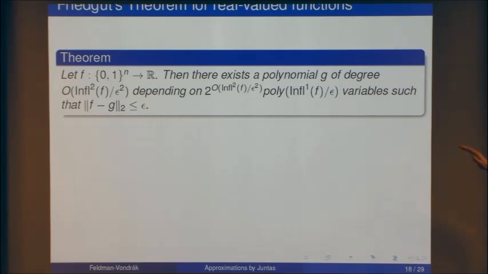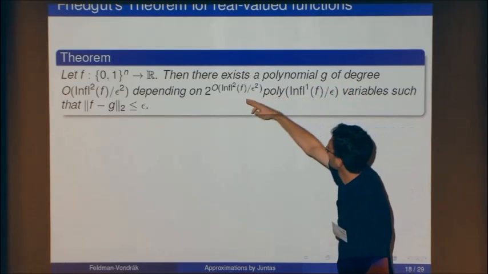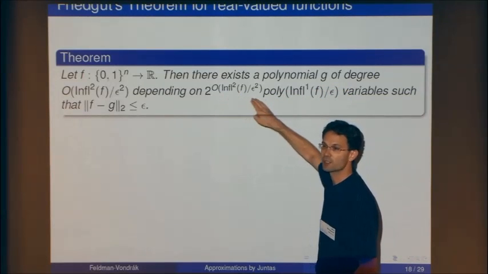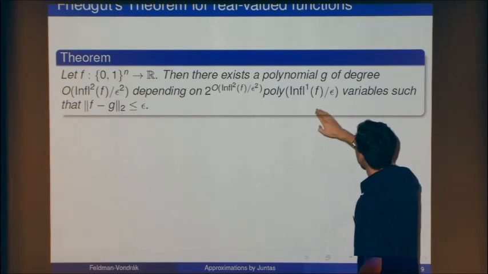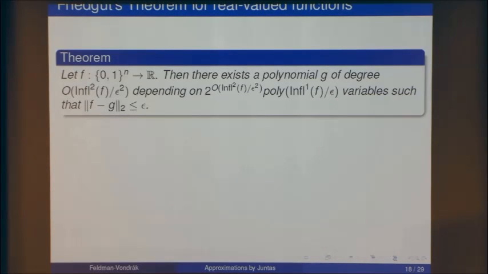So there must be some dependence on something other than the squared influences, because we know that these are not enough to get a nice result. But the dependence on, let's say, the L1 influences is pretty mild. It's just polynomial. This is the kind of statement that you can prove, and I'm not going to claim it as our result. It's the same proof, but I think it's good to have it written down.